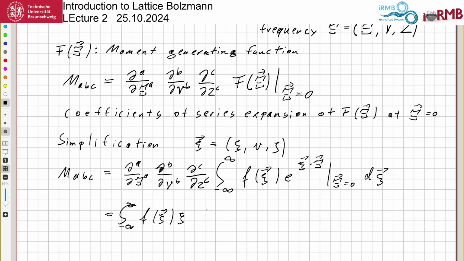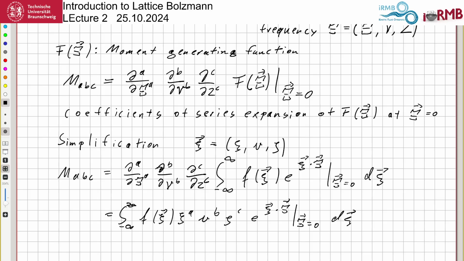Now, what comes out if you take the a-th derivative of e to the power of xi times capital Xi is xi, done a times, so you get xi to the power of a, and upsilon to the power of b and zeta to the power of c, and then you get e to the power of xi again, and this vector equal to 0.